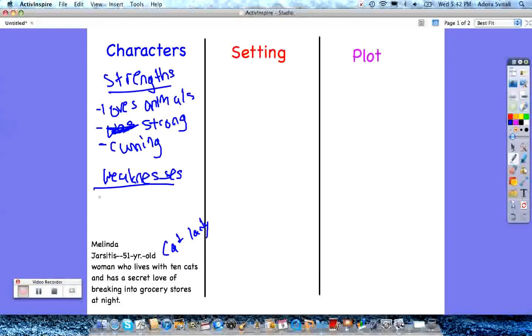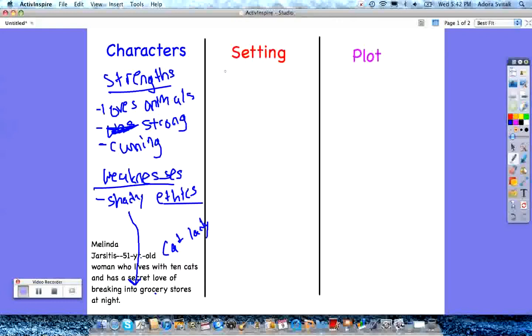Weaknesses, shady ethics. As you can see really from the kind of secret love of breaking into grocery stores, that's not very ethical, is it? It doesn't have a good sense of right or wrong. So, as you can see from my crappy handwriting, Melinda Jarsitis, 51-year-old woman who lives with 10 cats, has a secret love of breaking into grocery stores at night, loves animals, very strong woman, cunning, weakness, has shady ethics.